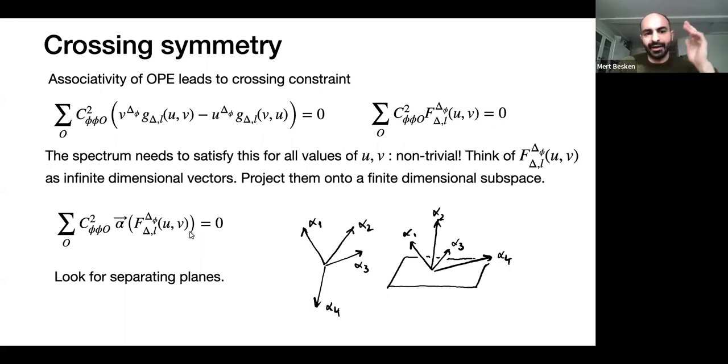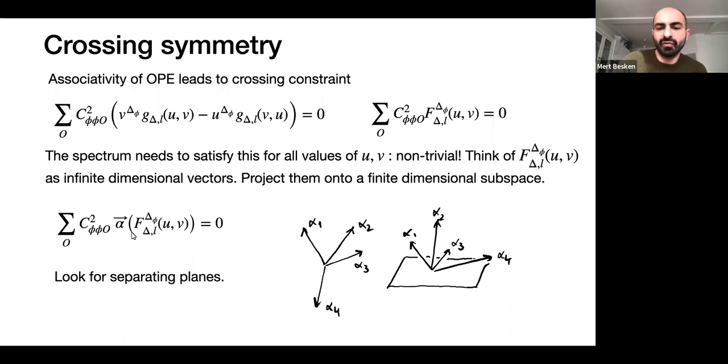So the idea then is to take this equation and act on it with some linear functional alpha, which will set, and we'll see some examples of it, U and V to some specific values, U to 1 over 2, V to 1 over 3, whatever. And then since it has to be satisfied for all values of U and V, it will have to be satisfied for your choice of alpha and U and V. It just has to be a linear functional.